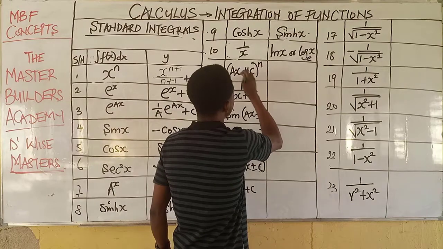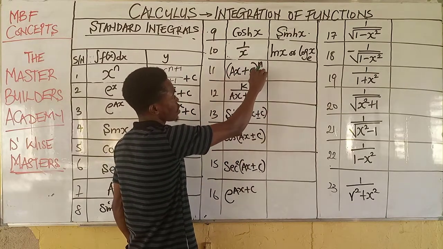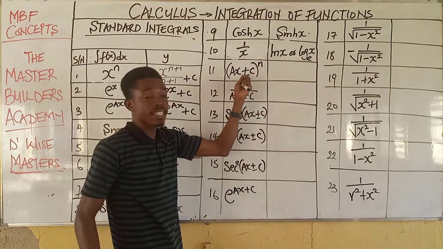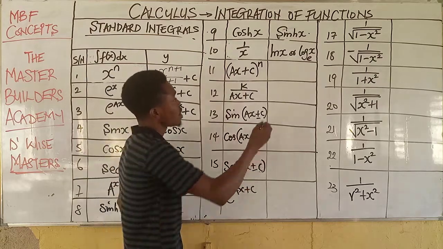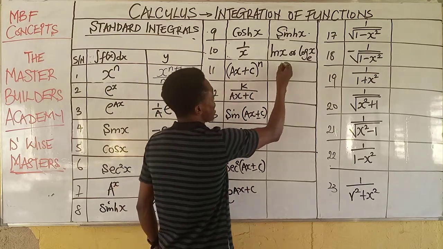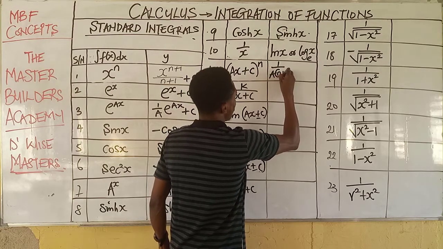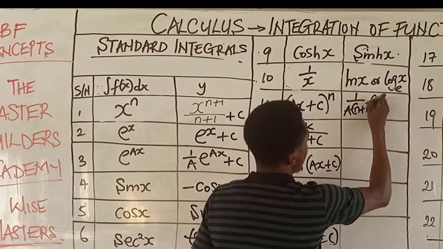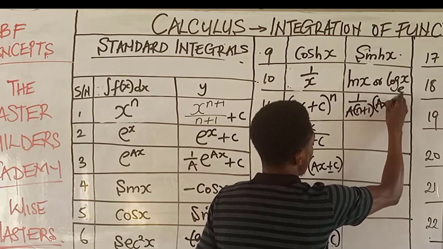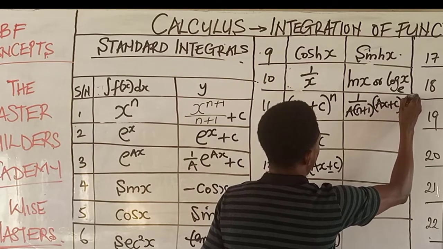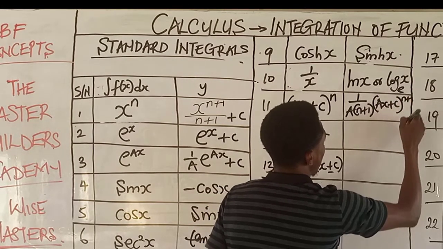Then also, when I integrate ax plus c all raised to the power of n, this is a function of a function. All I need to do is to differentiate the inside, then I have 1 over a times n plus 1, all times ax plus c to the power n plus 1.